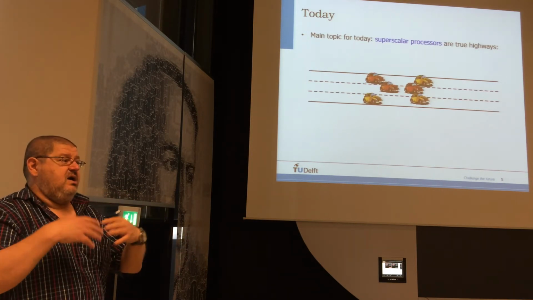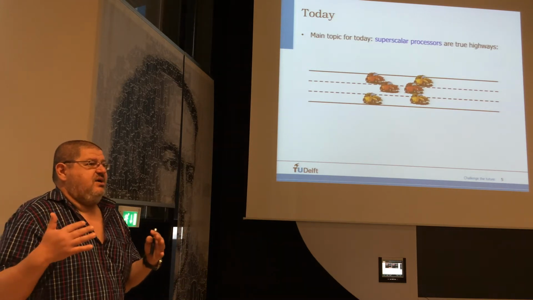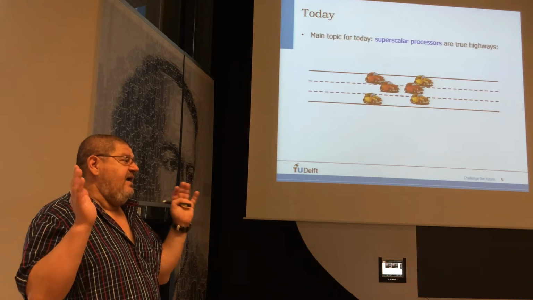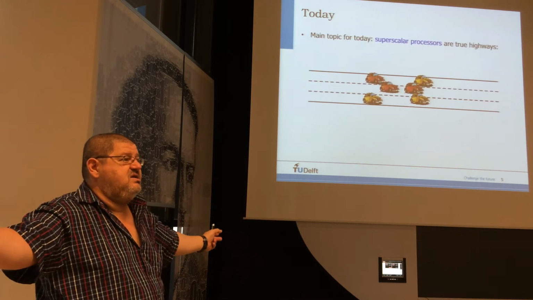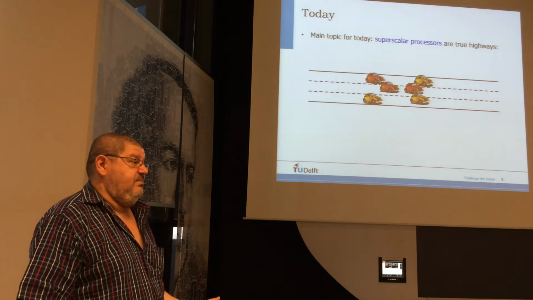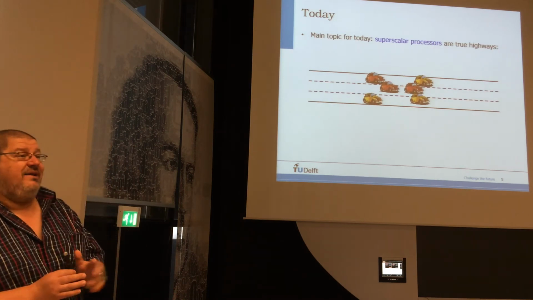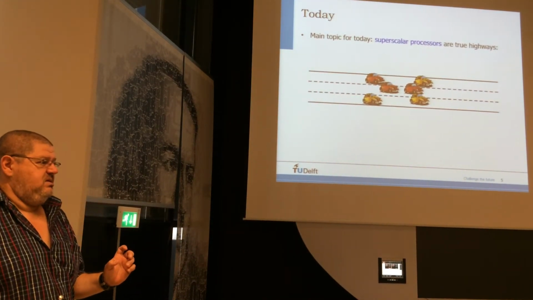If I have a lot of resources, and because we discussed technology and we said we have a lot of transistors, then I have a lot of functional units. The question is, how do I feed them? In order to feed them, I will use whatever I know, but there are some complications.